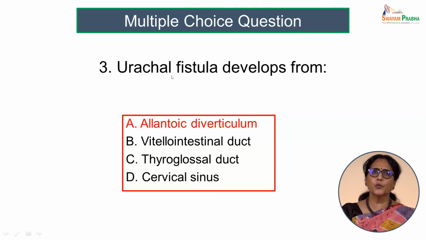So, the answer to this question, urachal fistula develops from, is allantoic diverticulum. Normally, it is degenerated to form median umbilical ligament. If the allantoic diverticulum does not degenerate, the patent allantoic diverticulum forms urachal fistula.